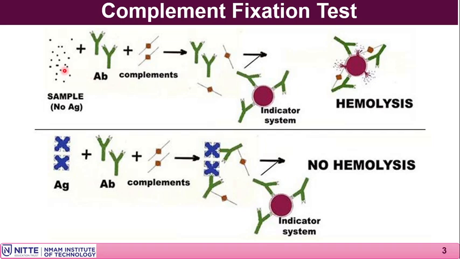You have to add the corresponding antibody to that test serum sample. And then after adding the antibody, mix it thoroughly. Afterwards, you add the serum containing the active complements.